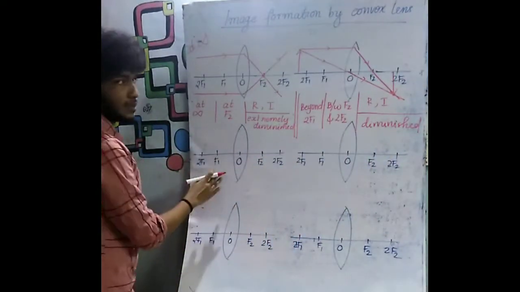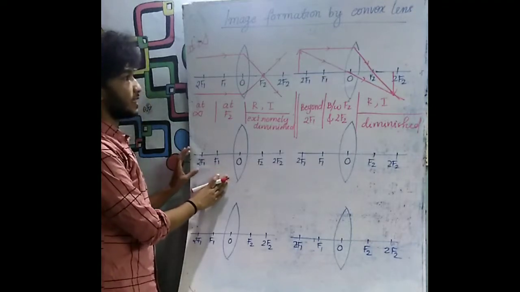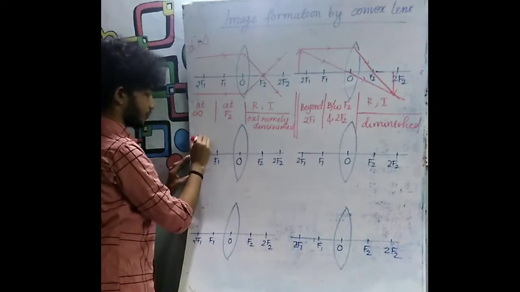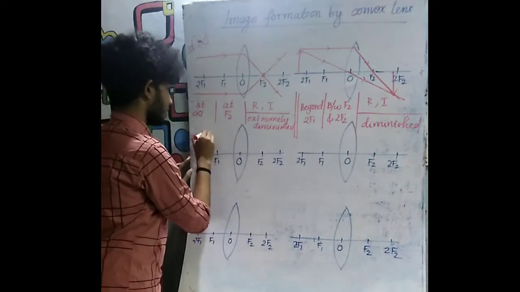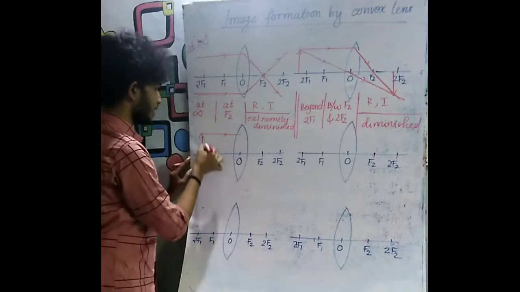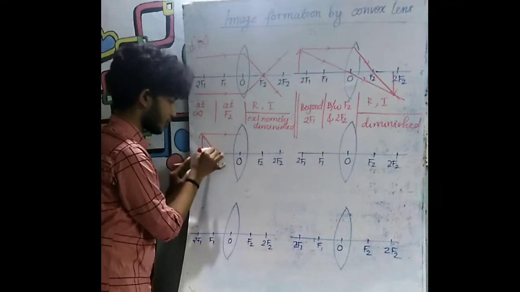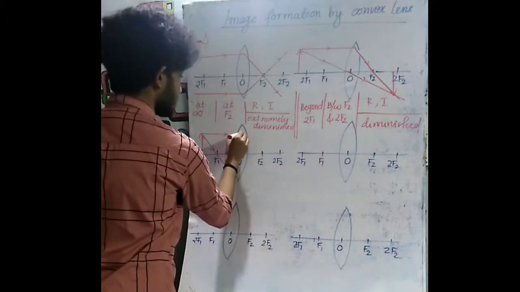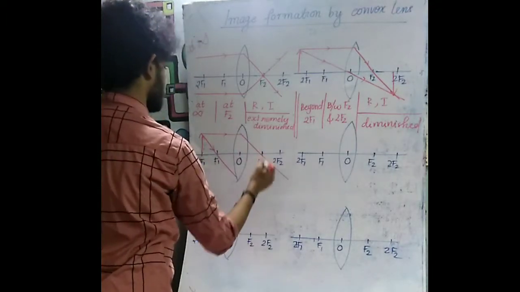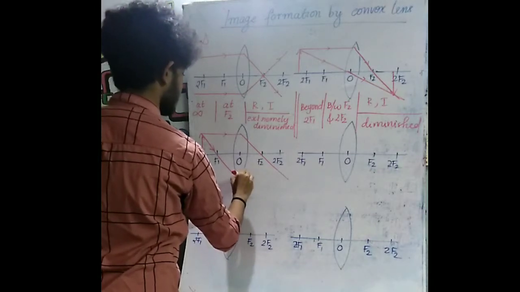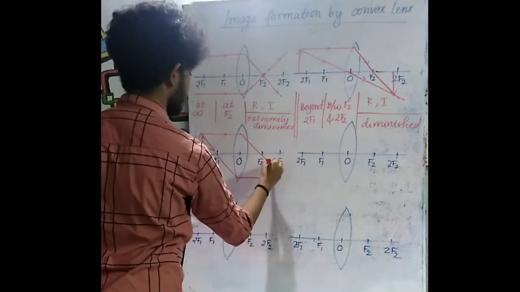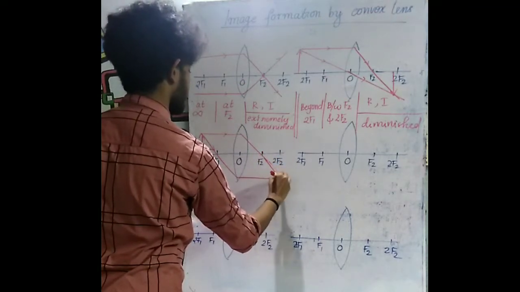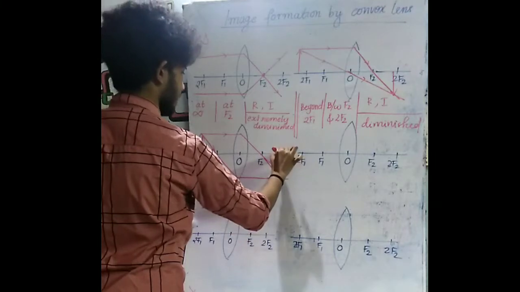Now the third case. Here where are we going to place the object? At 2f1 we shall place it. Take two rays, one ray parallel to the principal axis, and another ray passing through the focus. The one parallel to the principal axis after refraction passes through the focus, and the one passing through the focus after refraction passes parallel to the principal axis.